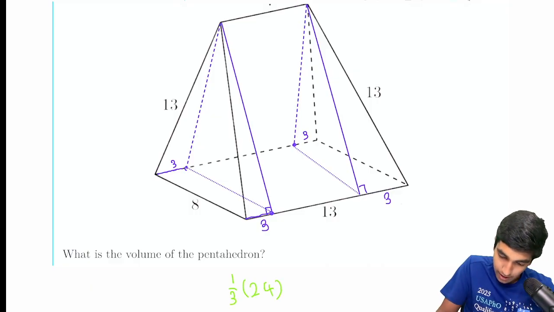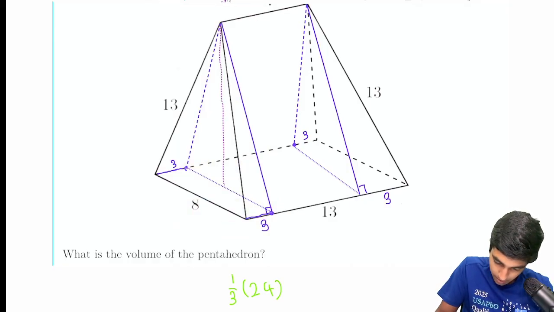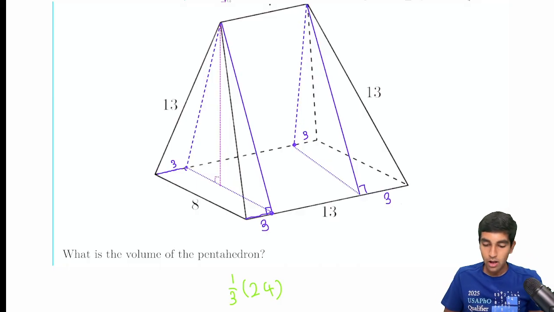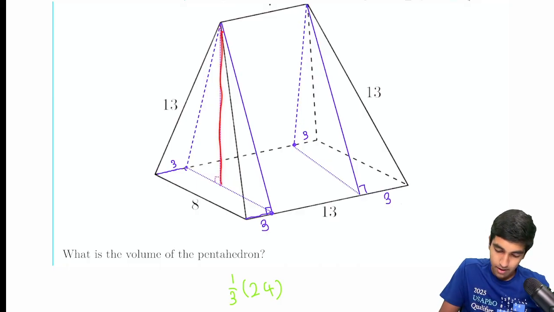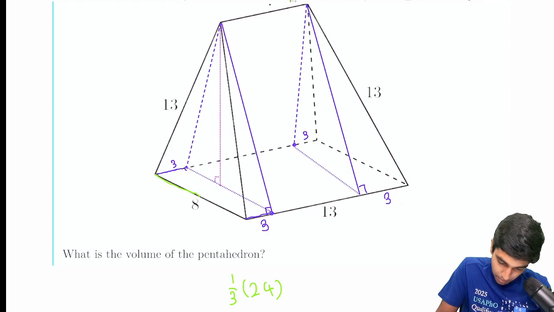We don't know what this height is, but let's see if we can visualize it. Let's say our height is something like that. We know there's going to be a 90-degree angle here. How are we going to find this height? We know this is 3, and this is 13, 8. We know this is an isosceles triangle, so this part is 4. Or maybe an even easier way to think about this: this over here is 5, because this is 3.